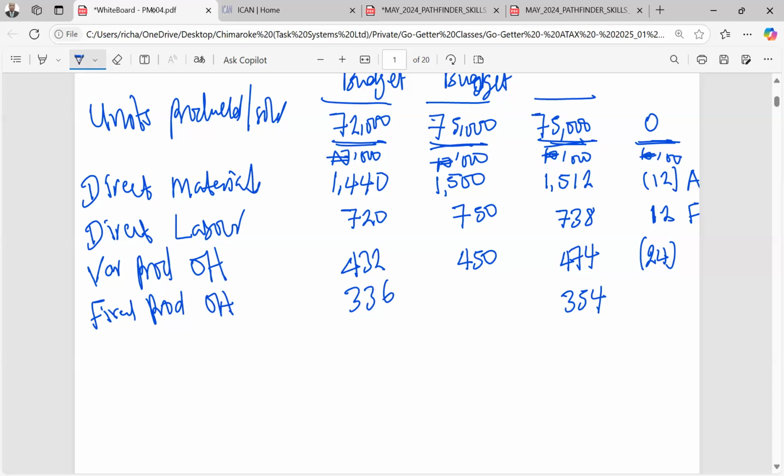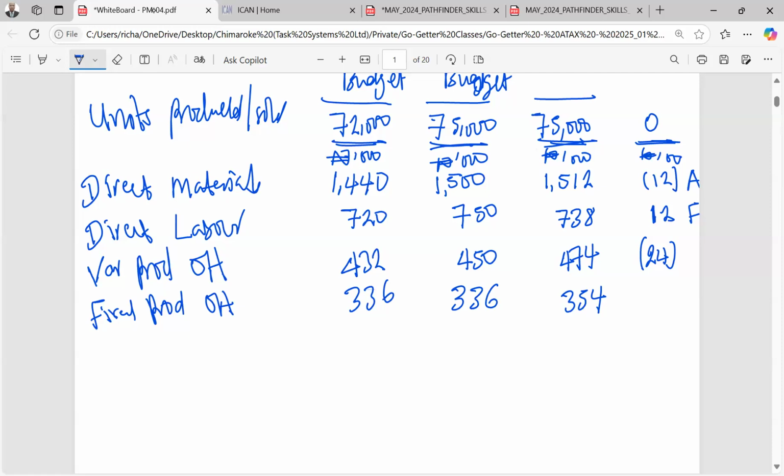It's just like saying you pay house rent or shop rent and you produce 72,000 units and your shop rent was 1 million naira. Even if you produce 75,000 units, your shop rent will not change. So we have 336,000 here for 72,000 units. We'll use the same figure for flex budget because you cannot flex fixed.